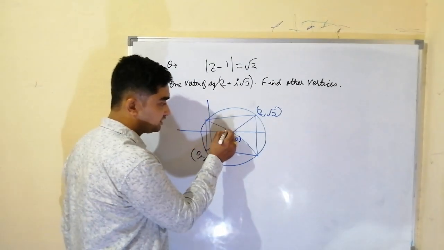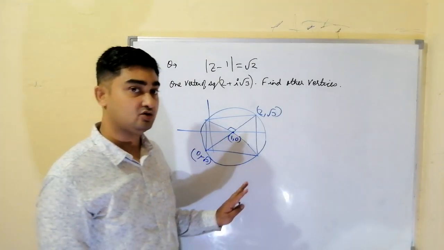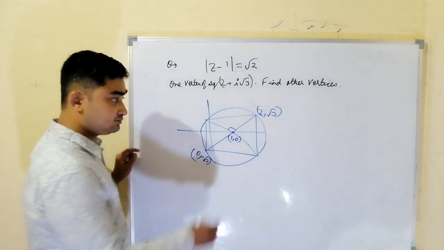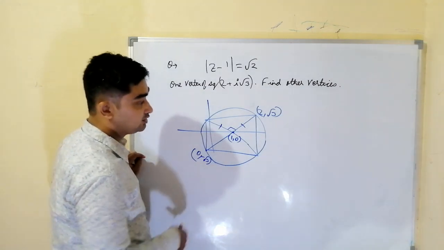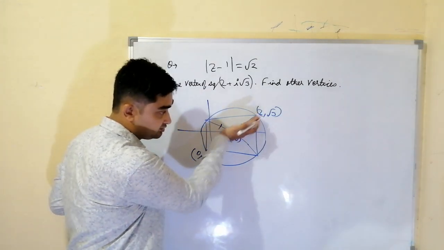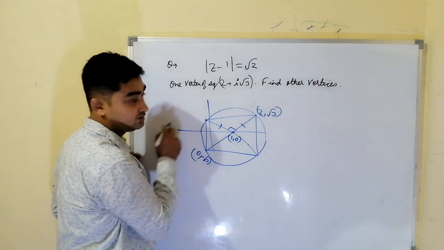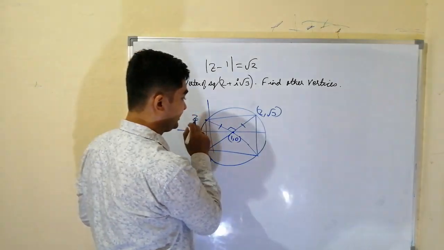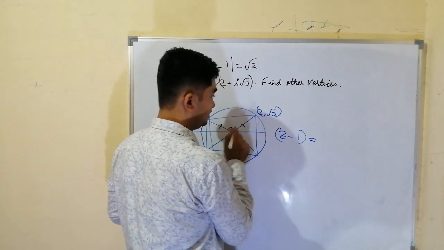Now to find the other two vertices, we know this angle is 90 degree because in a square and rhombus the diagonals intersect at 90 degree. Then these both are equal to radius of the circle, both are equal. We have to rotate this complex number, this minus this, by an angle 90 degree, then we will get this complex number. Let us say this complex number is z. Then what we can write, z minus 1 is equal to this one.